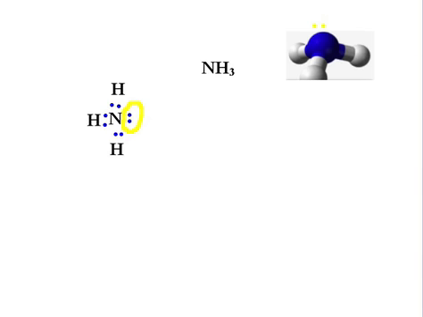And when we talked about the VSEPR model, these valence shell electrons actually repulse these bonds, and that's what pushes them down and creates a pyramid shape instead of a planar shape. So that lone pair is important.